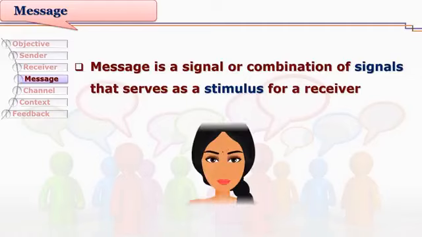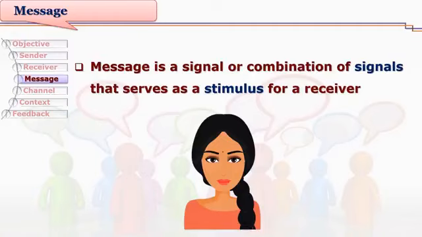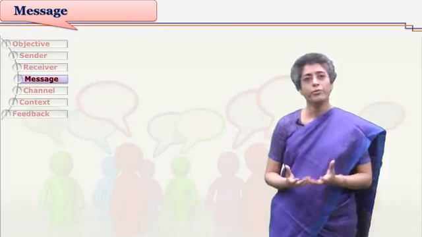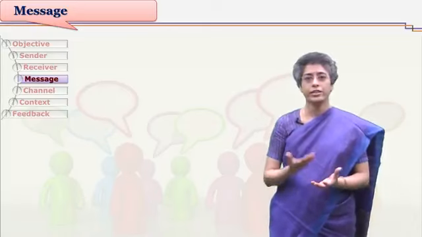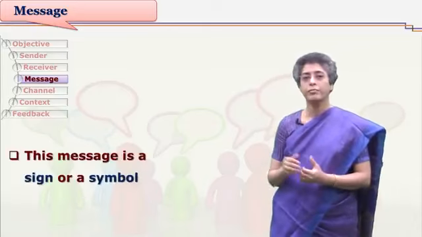Even an angry mother's eyes are a stimulus for a child. A teacher's angry face or happy face can be a stimulus to the learners. The form of a message is actually some signs and some symbols.